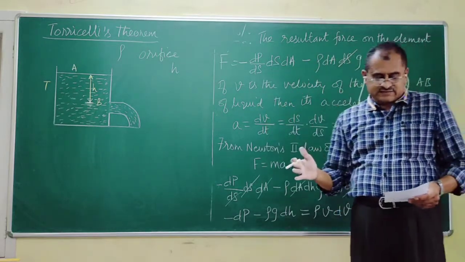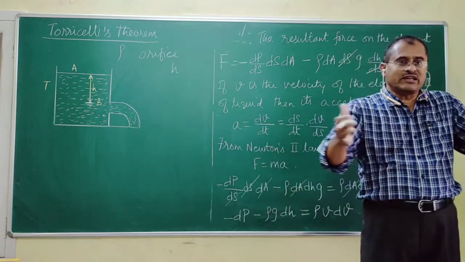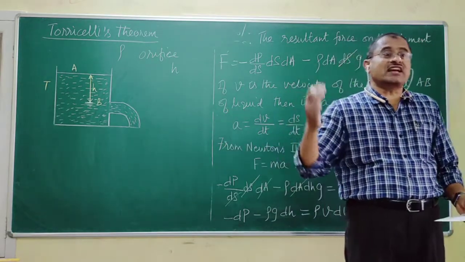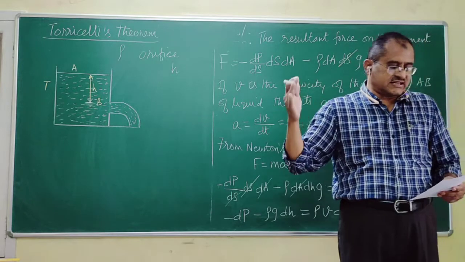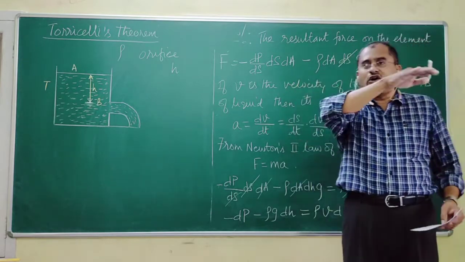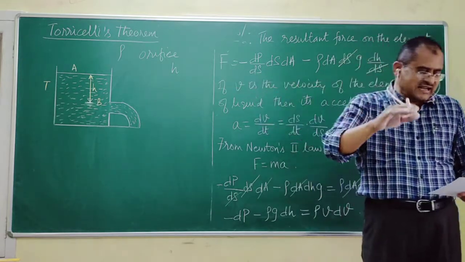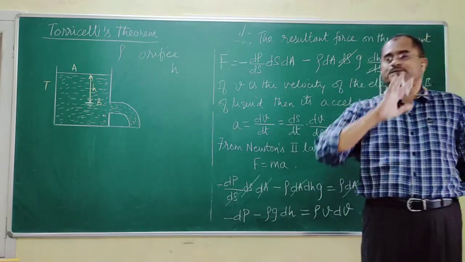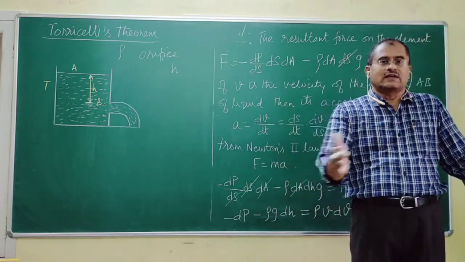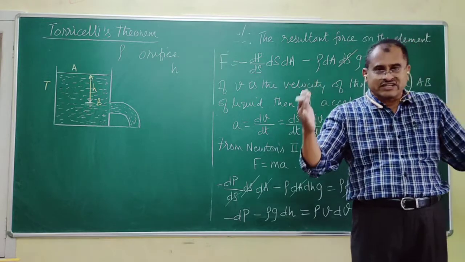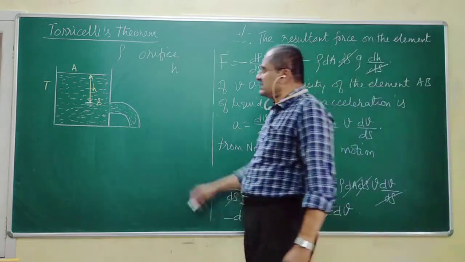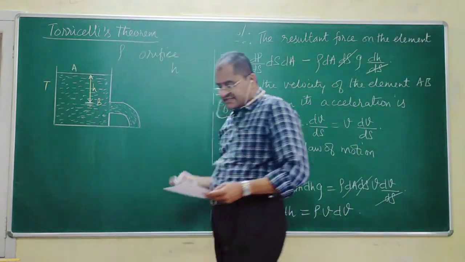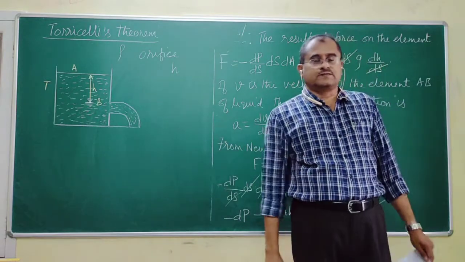If you imagine the vessel to be sufficiently wide, then the velocity of the liquid on the surface at A can be taken to be 0.